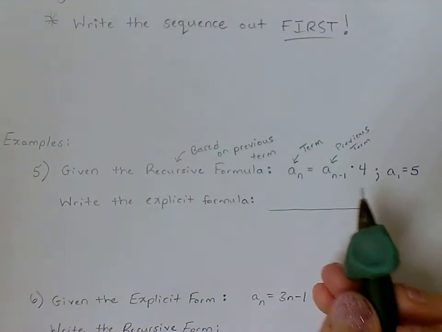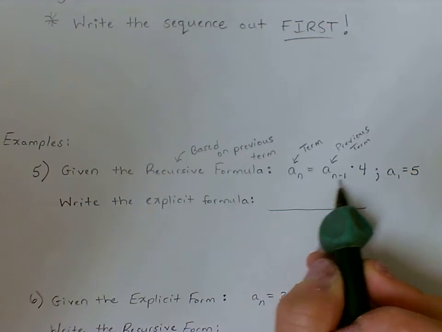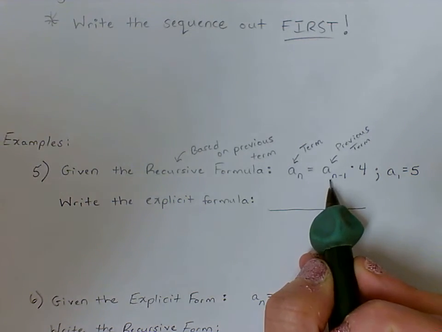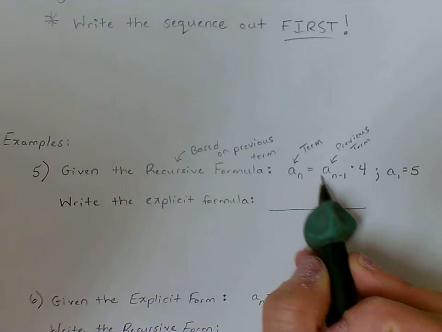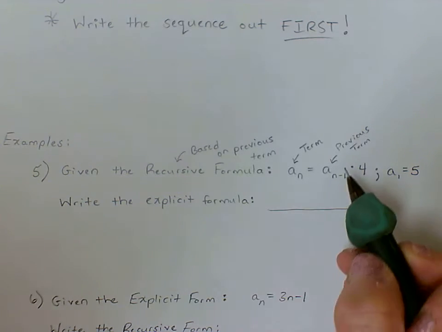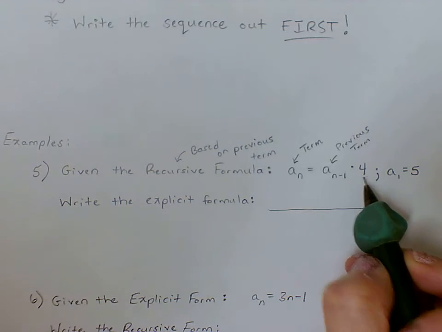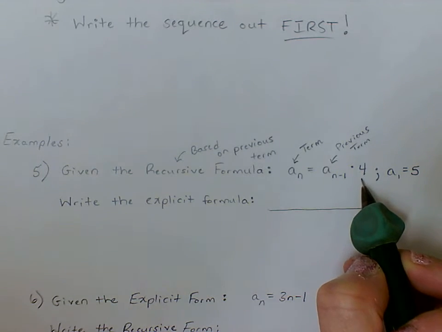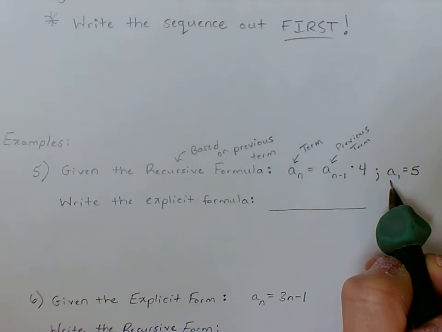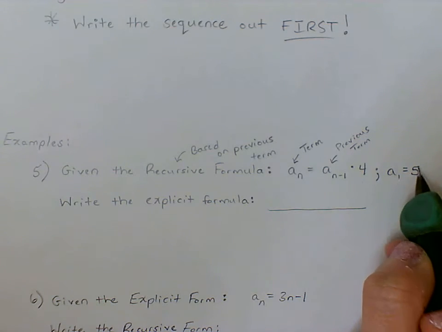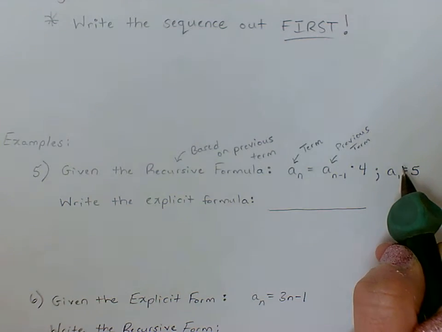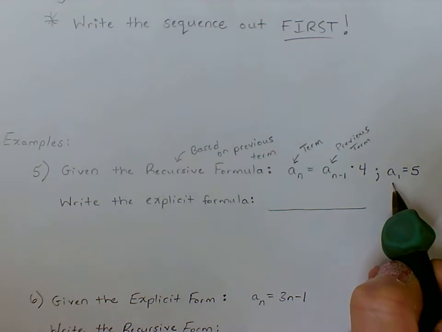Okay, so what are you doing in this equation to your previous term to get the next term? If you notice, it's taking the previous term and multiplying by 4. That's the pattern of your line: you are multiplying by 4. This is the whole reason why they also give the first term in your sequence, so you know where to start.